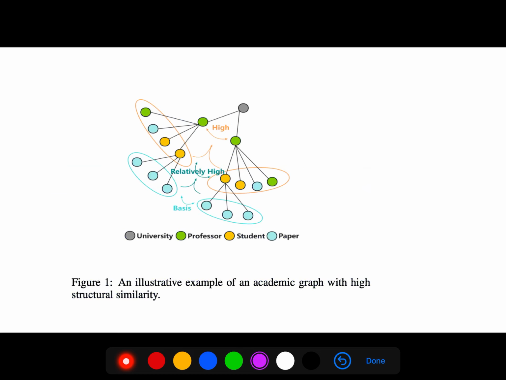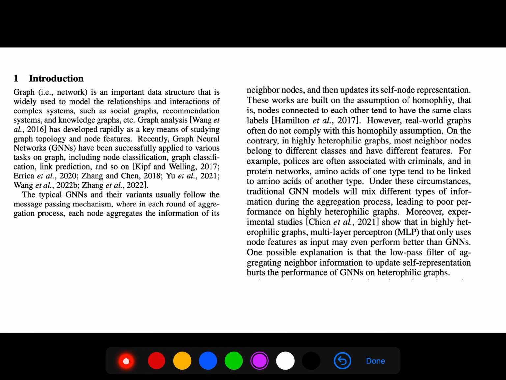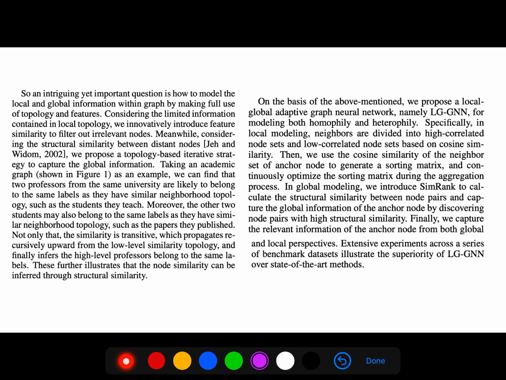So this is an illustrative example of an academic graph with high structural similarity. So the question is how to model the local and global information within graph by making full use of topology and features.